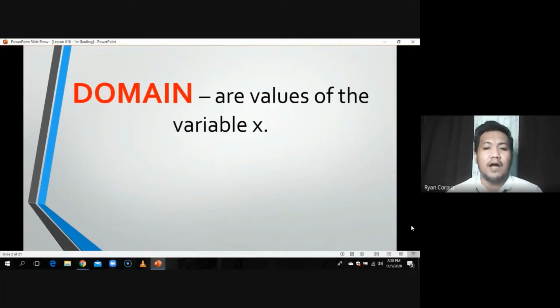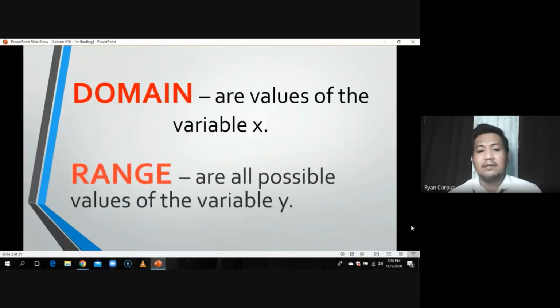Domain, these are values of the variable x. We can easily find the values of the variable x when we have a given table of values, because those values of x, particularly those values above the table of values, are the values of x. And we call those values of x as domain.